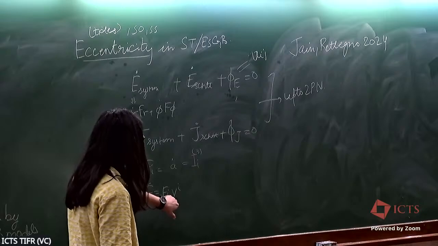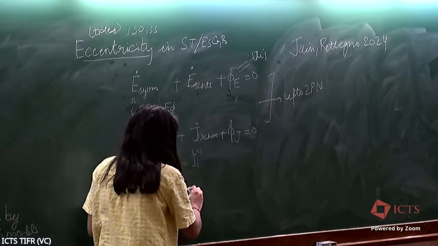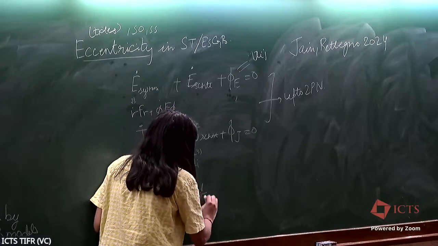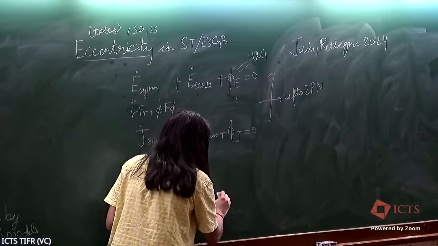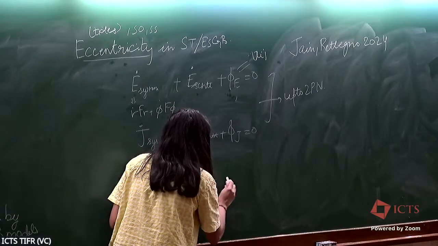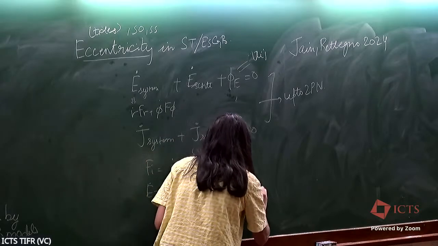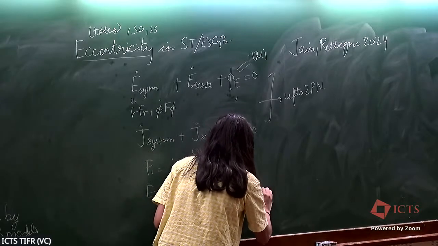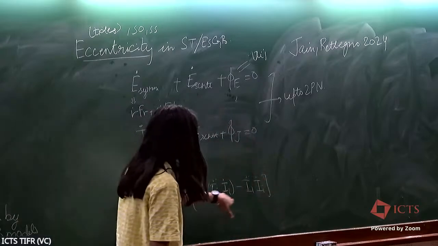When you write this in terms of the multipole moments, you can write it as d by dt of something, a total derivative term, minus this term.